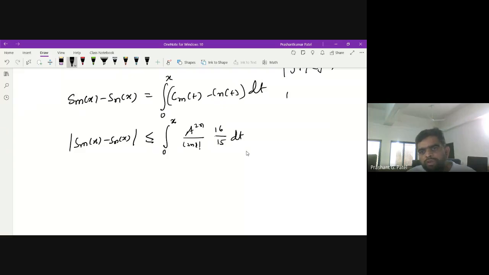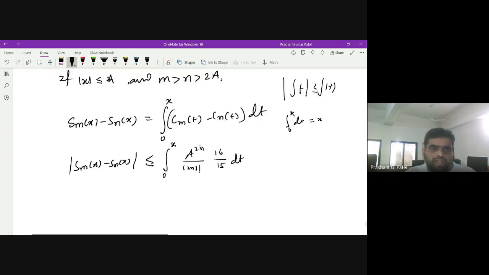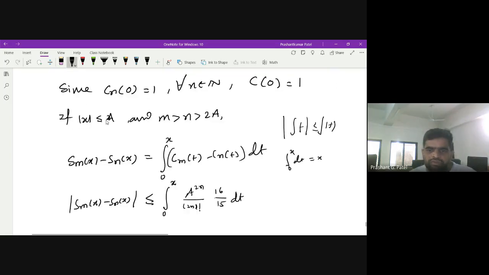So this is nothing but the integration from 0 to x of dt, which gives me x. But mod of x we have taken is less than a. So this is again less than or equal to a power 2n upon 2n factorial 16 by 15 into a. And this will tend to 0 as n tends to infinity.